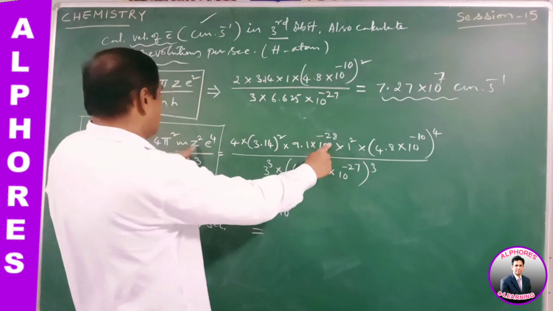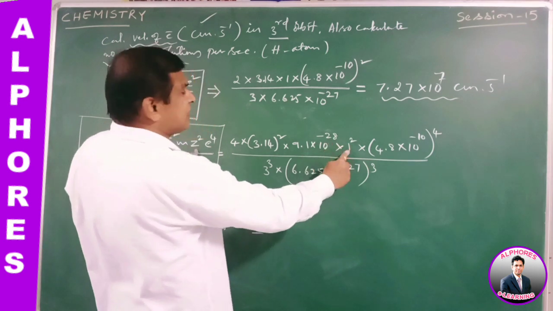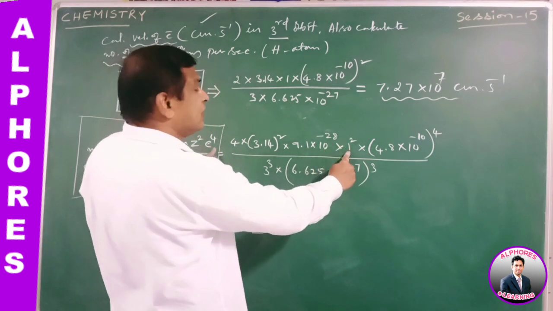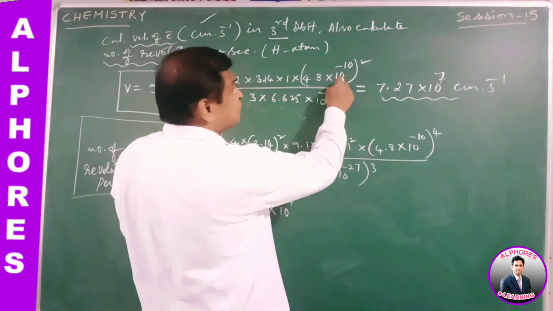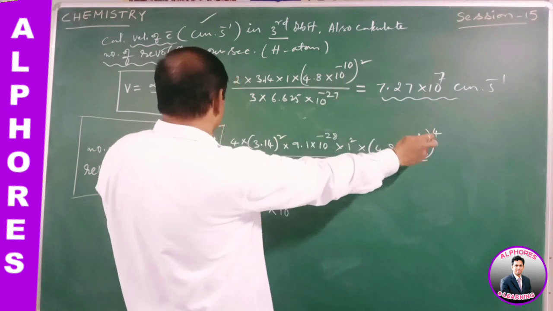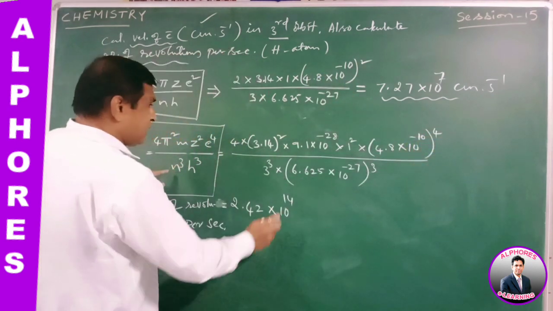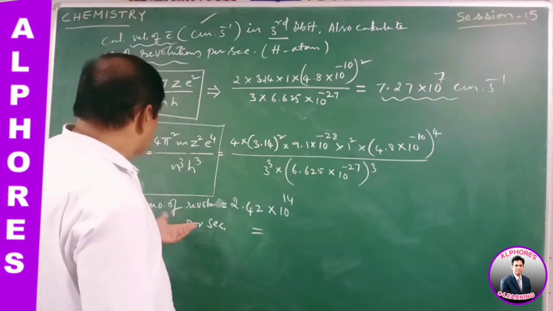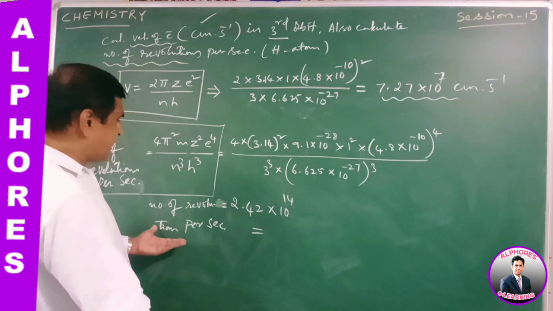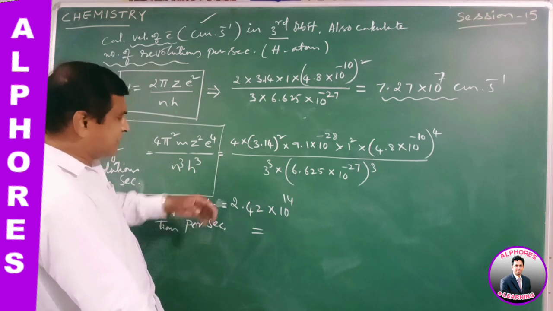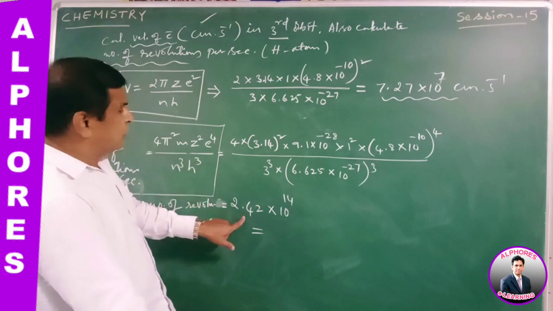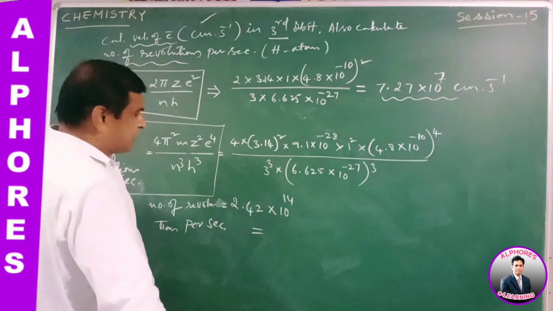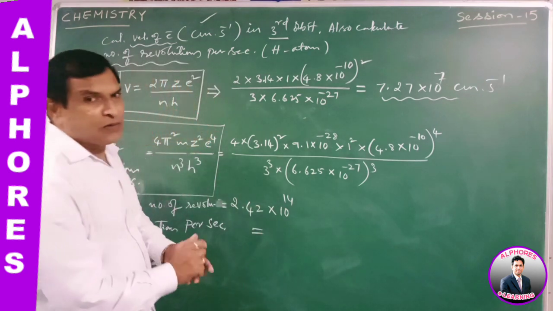Z is the atomic number of hydrogen, and the charge of the electron is in CGS units as we have taken previously. On solving this, the number of revolutions per second of the electron in the third orbit equals 2.42 into 10 to the power 14.